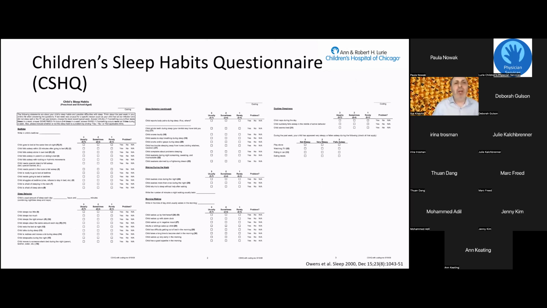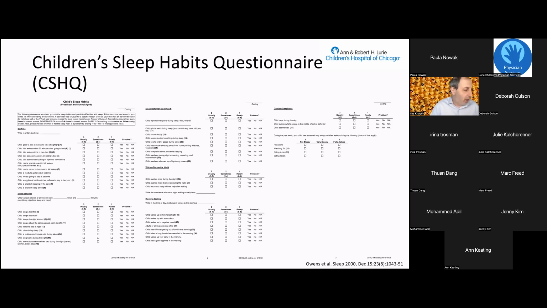So one of the ways that we figure out if a child has sleep problems is to use questionnaires. One of the questionnaires most commonly used in research is the Children's Sleep Habits Questionnaire. It's a 45-item questionnaire, of which 33 are scored on a scale from 1, rarely, to 3, usually.